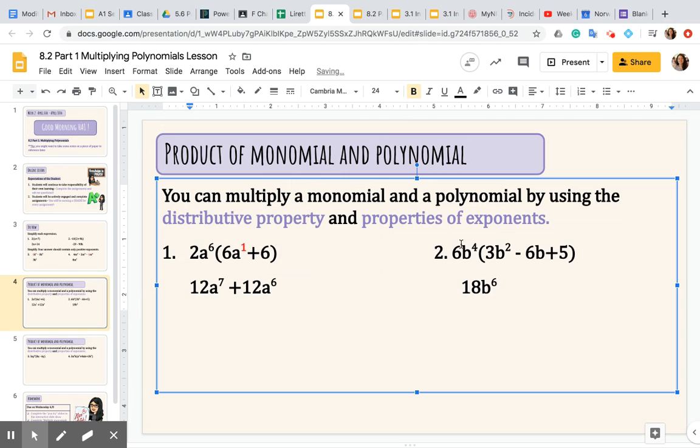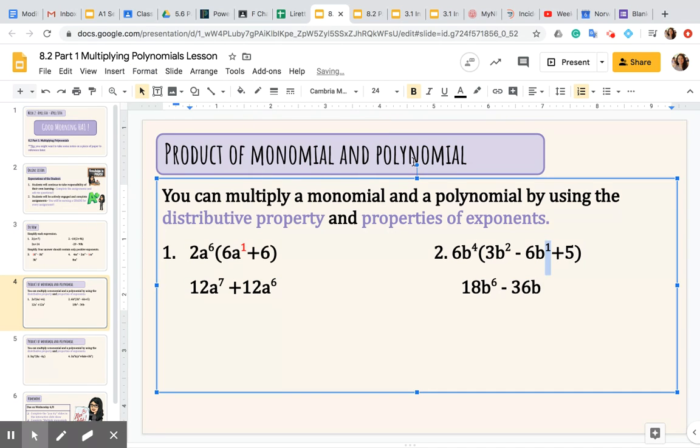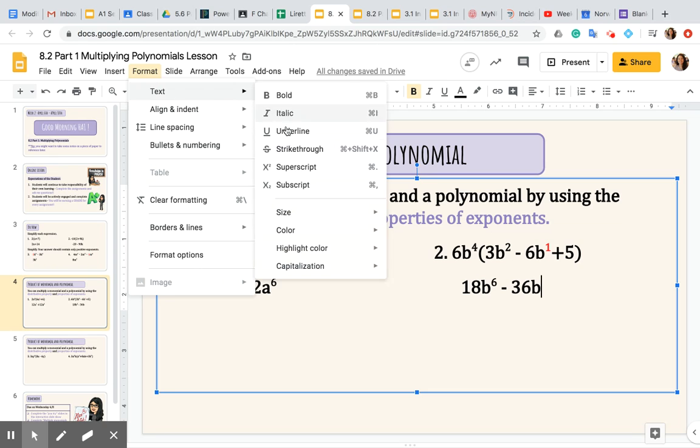And then I keep going. 6 times negative 6 is going to give me negative 36. And then I've got a variable, b to the power 4 times an understood b to the power 1, is going to give me b to the power 5.